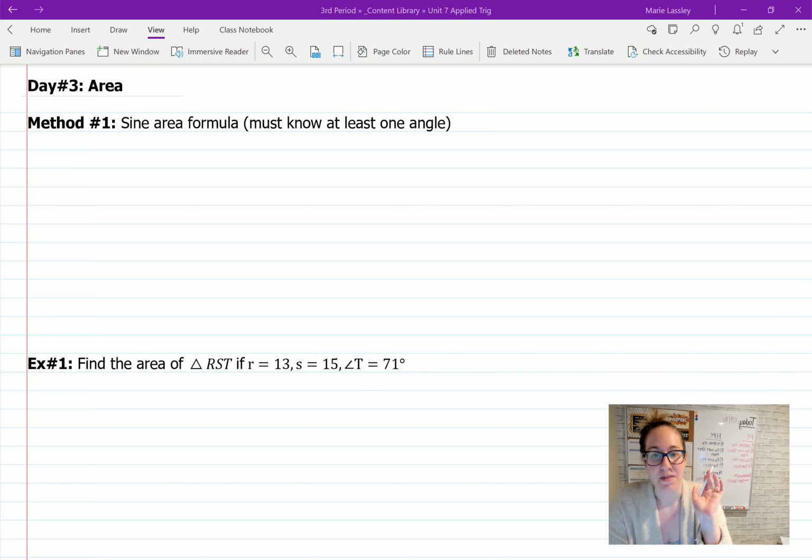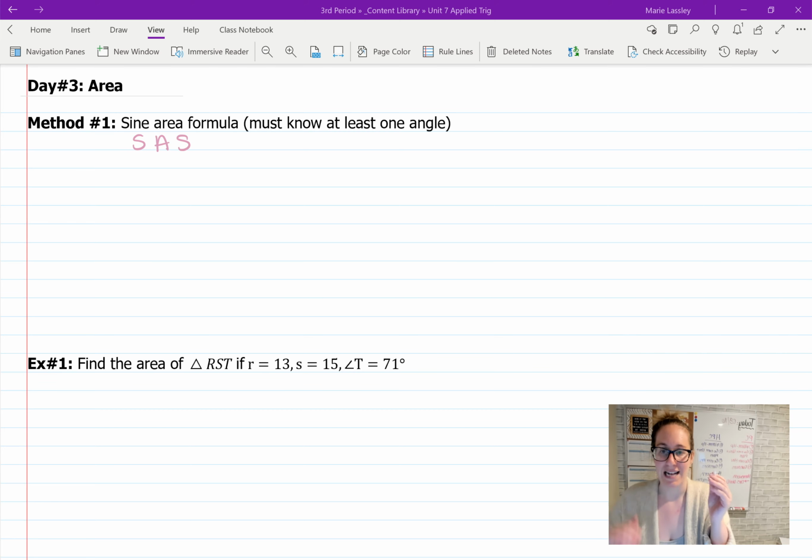Okay, so the first method we're going to look at is the sine area formula. For this method, you have to know at least one angle. But the information that you really need is a little bit more specific than that. You need a side, an angle, and a side, and it has to be in this order.